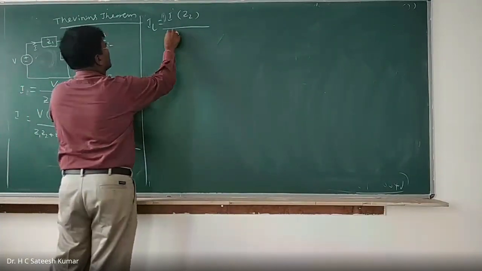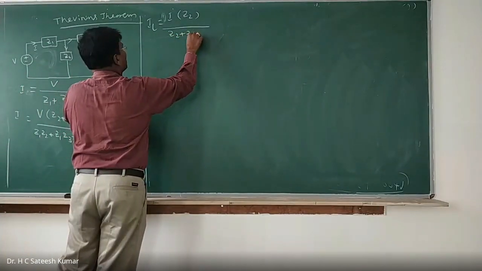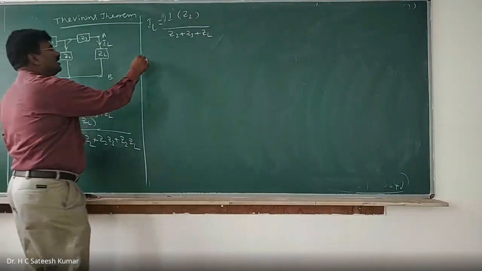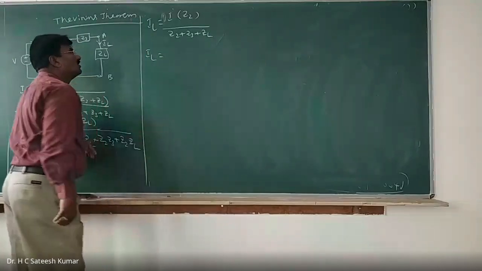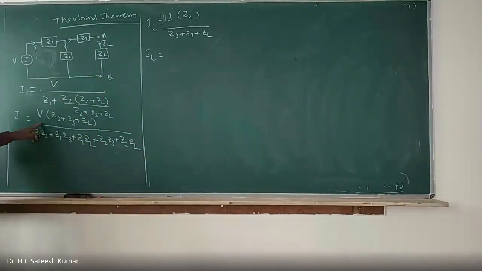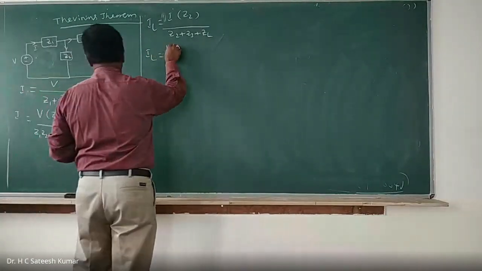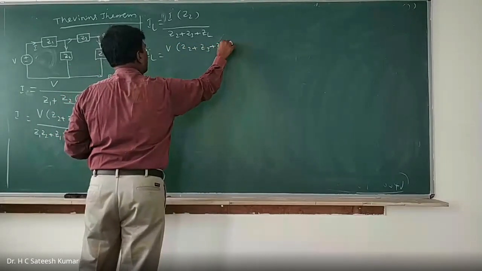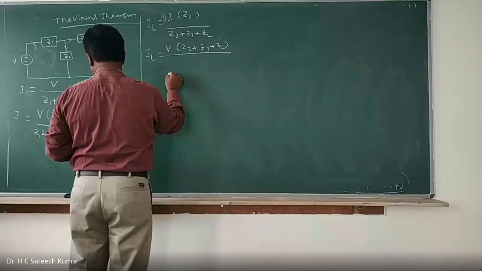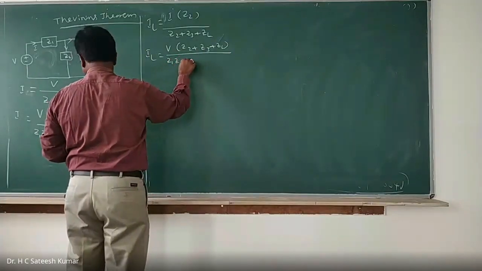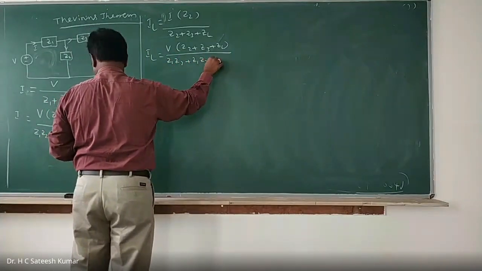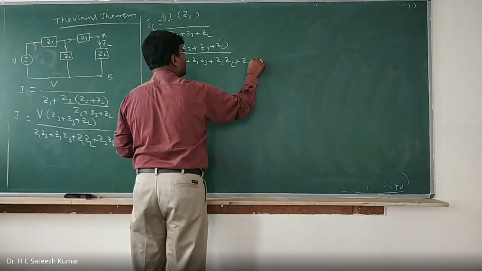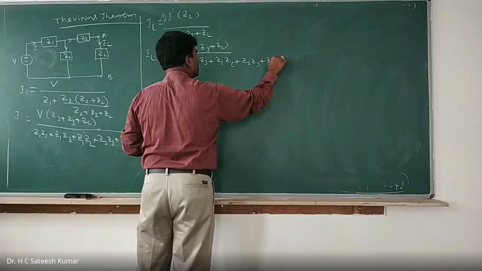And IL is equal to I. Substitute the I value. I value is V into Z2 plus Z3 plus ZL divided by Z1 Z2 plus Z1 Z3 plus Z1 ZL plus Z2 Z3 plus Z2 ZL.